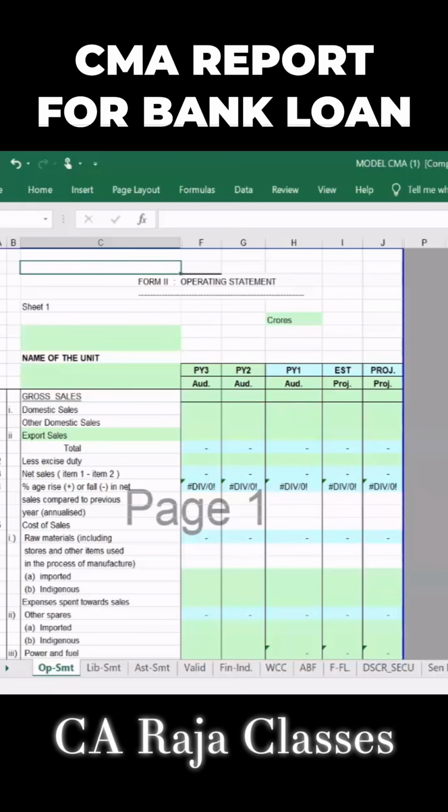This document will enable the banker to understand the past of the borrower and what is the future that the borrower is planning. Okay, so it is one document which will enable the banker to look back and also look forward.